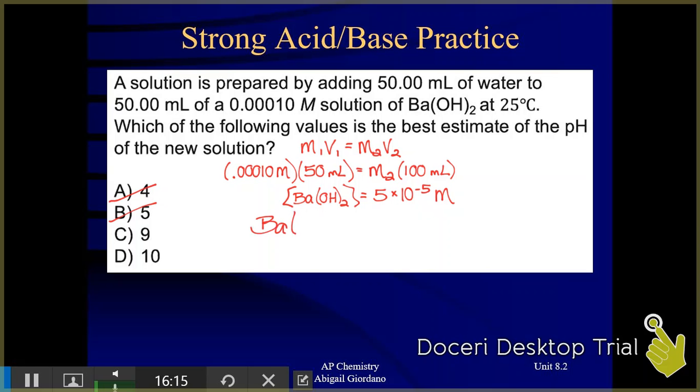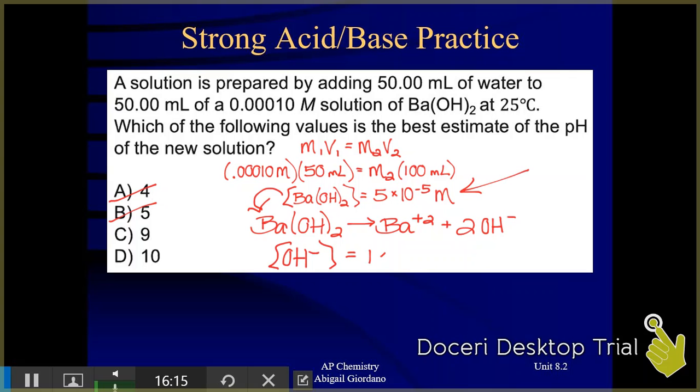Think about the balanced equation when this base dissociates. Okay, we just solved for the molarity of this guy. So what is going to be the molarity of OH minus? It's going to be double that number, which gives me this.